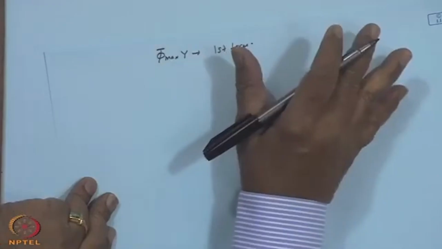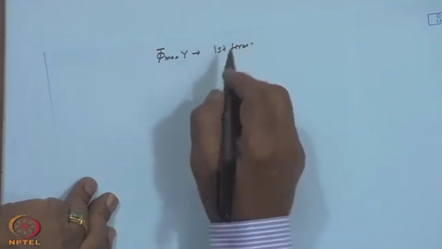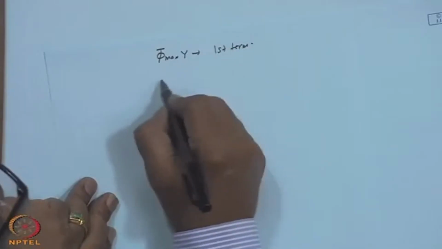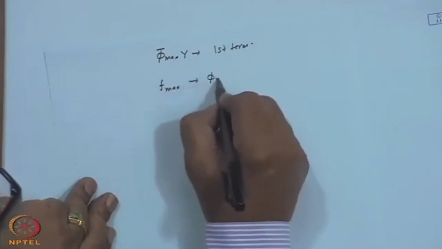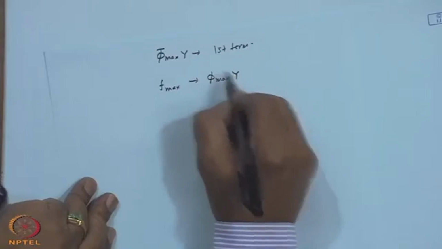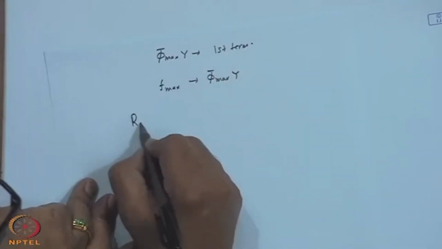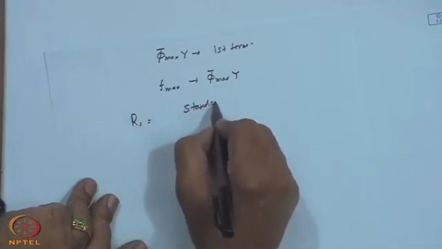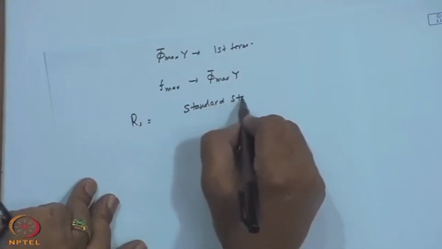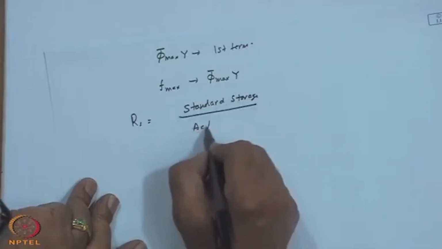If all the other nonlinearities in the second and third terms are assumed to be small or 0, you will get simply f, which will be the maximum, is phi bar max y. And this also contains R s, the standard storage by actual storage.